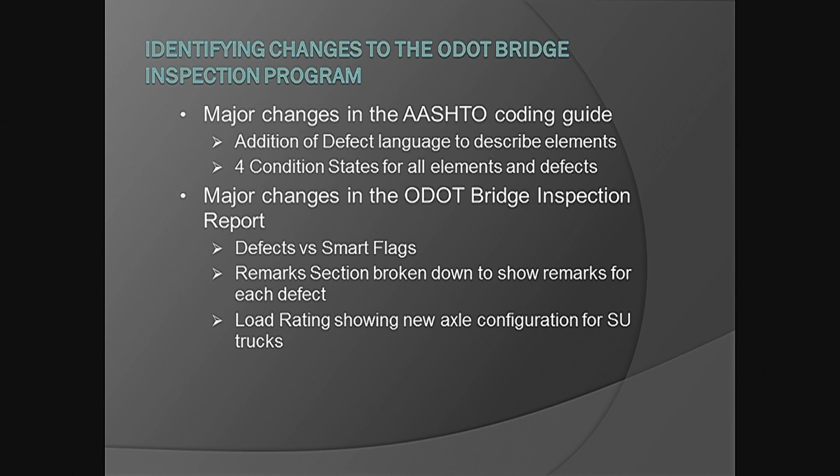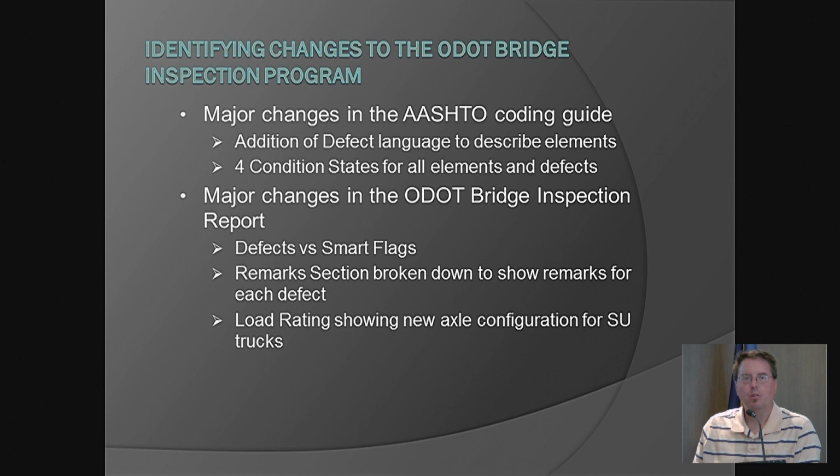Some of our major changes in the AASHTO coding guide: ODOT originally was using defect flags to identify objects. So if we were looking at, say, a concrete girder, we might have a smart flag or something that would just raise an awareness that something was happening.